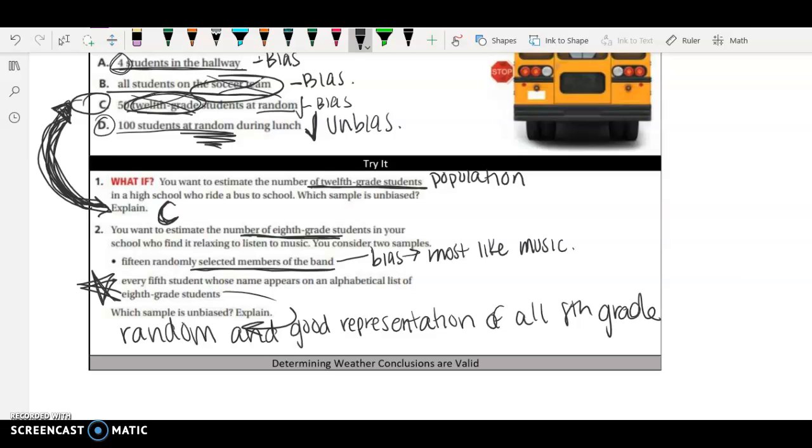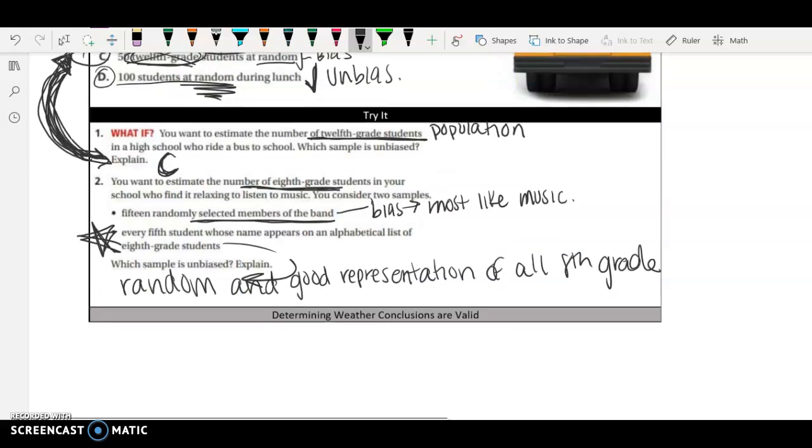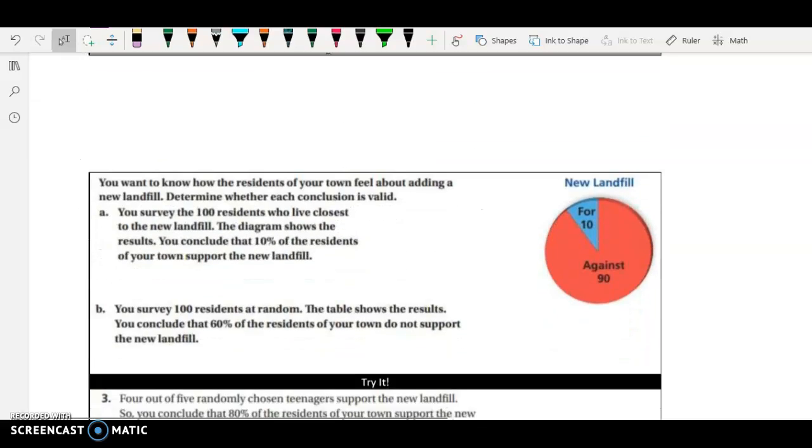Option B, or the second one, every 5th student whose name appears in alphabetical order. I can't predict whose name's in what order of all of 8th grade, and so that would be random because I'm randomly picking the 5th person, every 5th person on that list. And so that one represents all of 8th grade, so that's a good representation of my population.